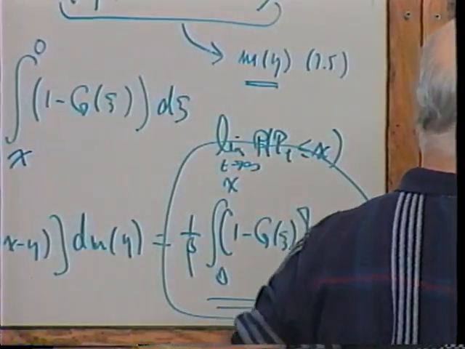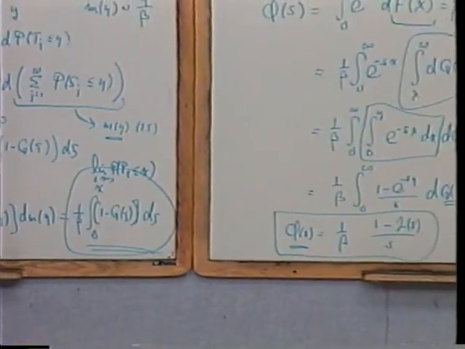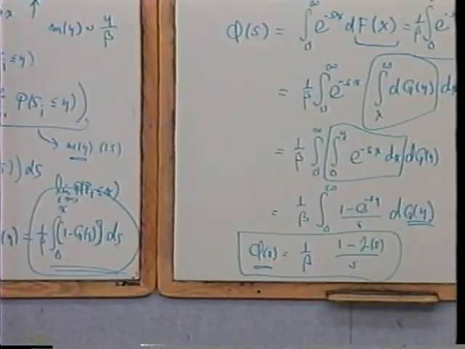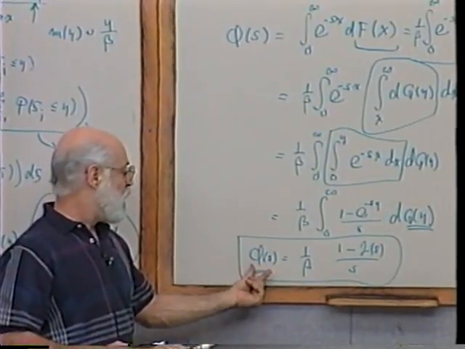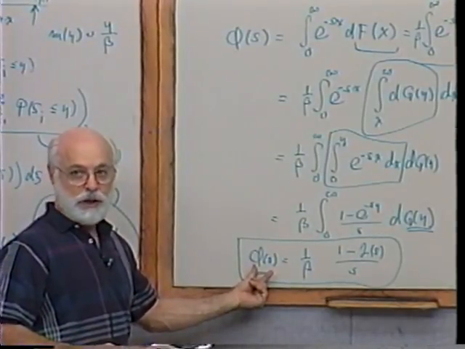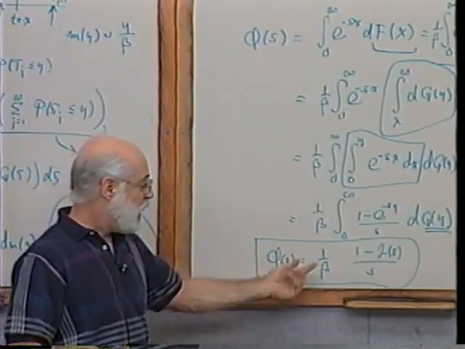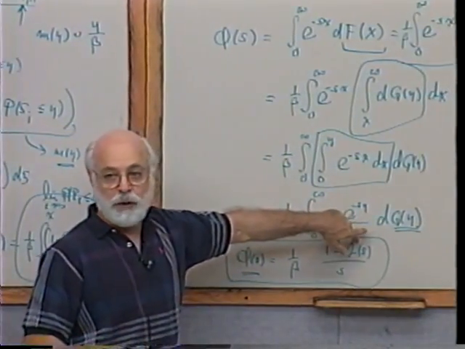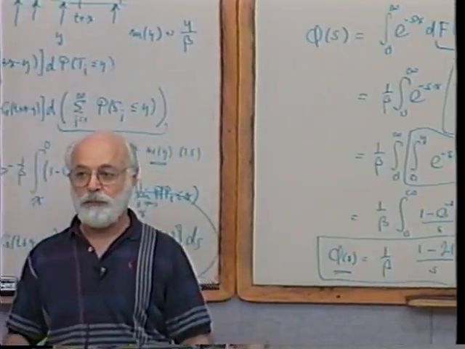So this relates phi to gamma. So it gives us, for a renewal process in equilibrium interrupted at random, the Laplace-Stieltjes transform of the distribution function of the remaining time from the interruption until the next renewal in terms of the Laplace-Stieltjes transform of the distribution function of the original time between renewals.